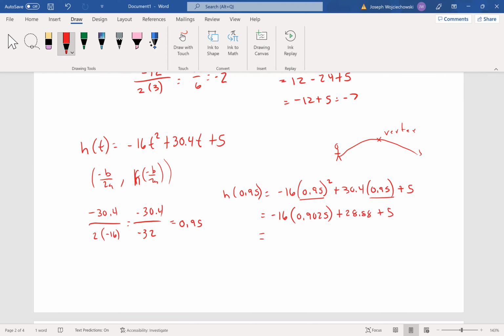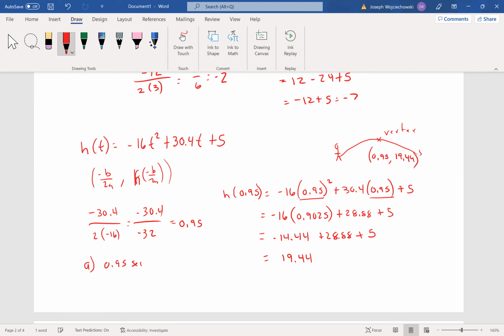Now I take negative 16 times 0.9025, and I get negative 14.44 plus 28.88 plus 5. And this is 19.44. So my vertex is (0.95, 19.44). So the question is, determine the time at which the ball will be at its maximum height.